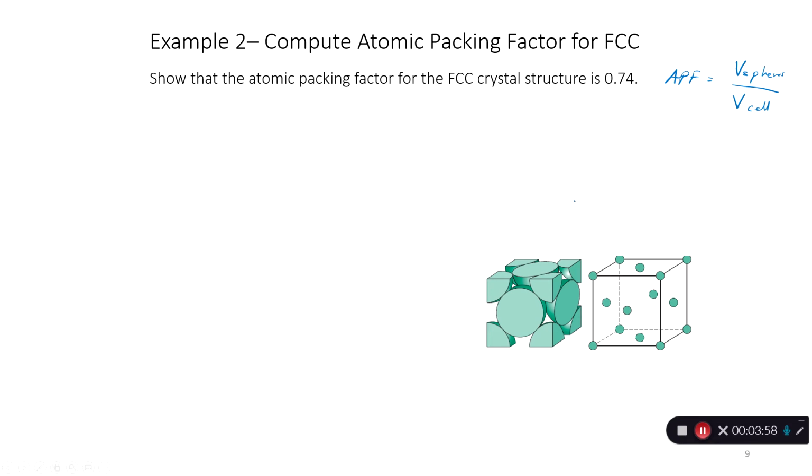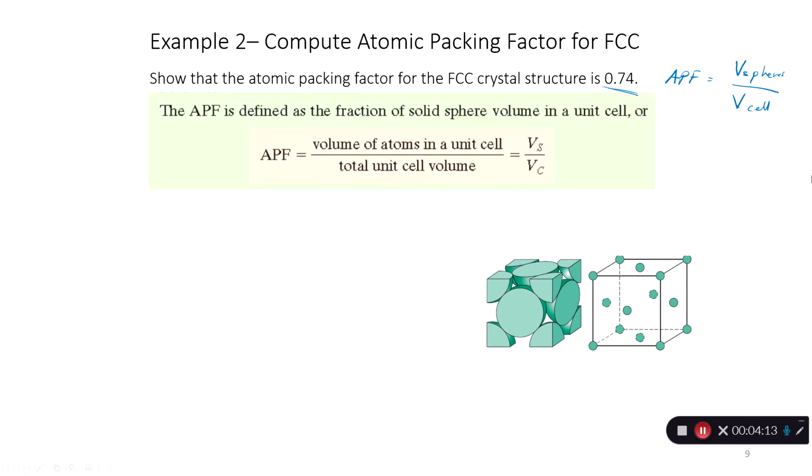How much of the cube is filled with atoms? And the answer will be in this form, or a percentage. This is 74%. So how do we calculate this number 0.74? That's very easy actually. We have this equation, and what we need to find is both the Vs and the Vc.